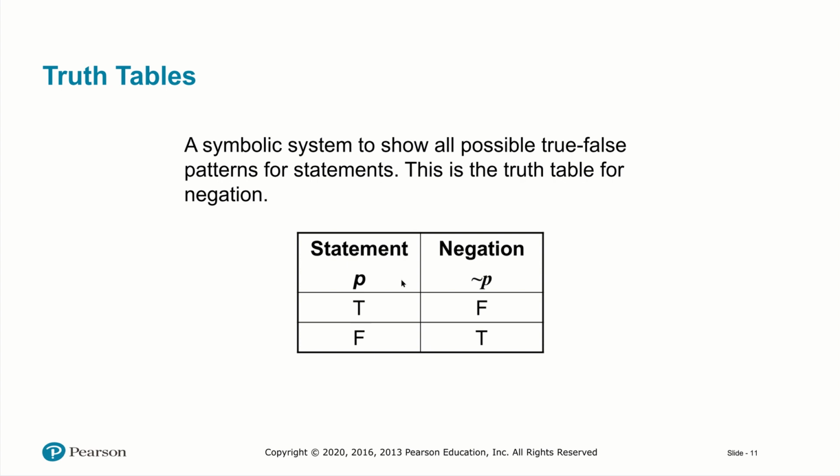Remember, in mathematics and logic, a statement is either true or false, not both. So the possible truth values are true or false. The negation, not P, is going to have the opposite value at each step. If P is true, not P is false, and if P is false, then not P is true. So here's an example of a truth table for negation.